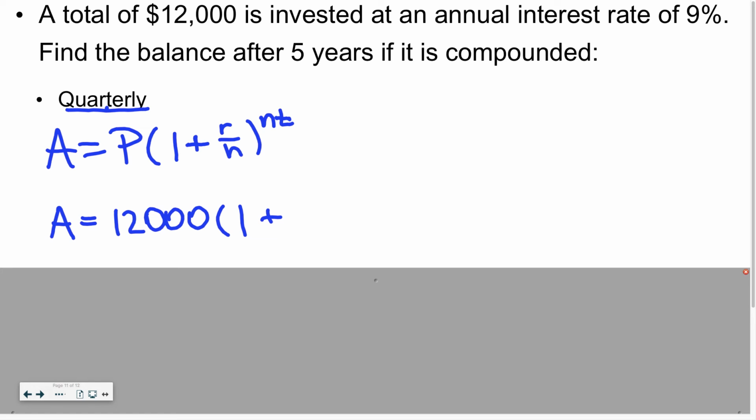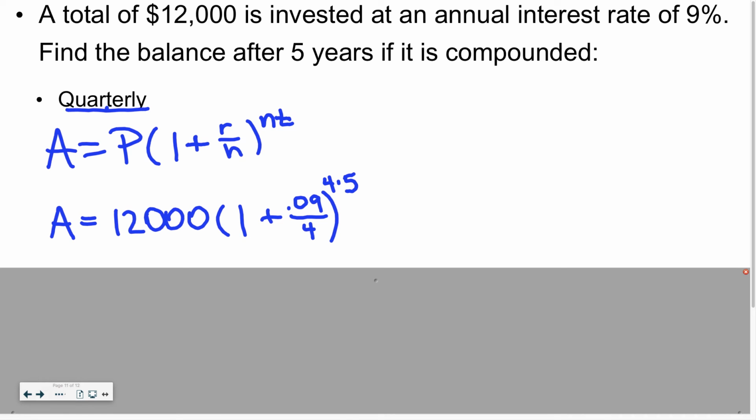No, you need to always change it to a decimal. Your rate is 0.09. Quarterly would mean how many times per year? 4. There's 4 quarters in a year. So N is 4, and we're talking about 5 years, so T would be 5.